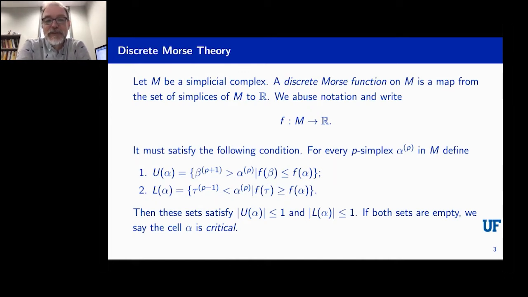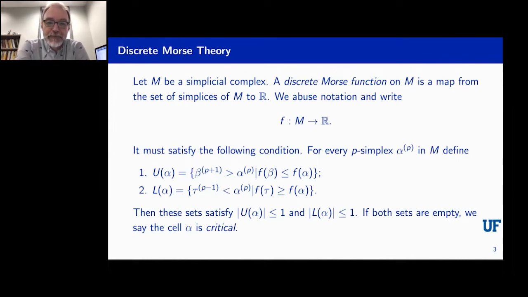There's a less than or equal to there; often you want to assume your functions are injective, but they don't have to be. I'll call that the upset. Then there's the lower set, L of alpha, the set of codimension 1 faces of alpha where the function value goes up. A discrete Morse function generically means that function values increase as you go up in dimension, but you're allowed to go down at most once.